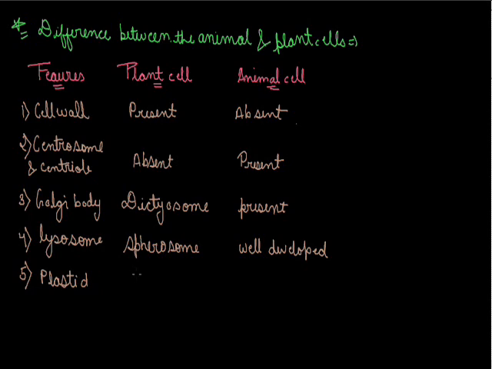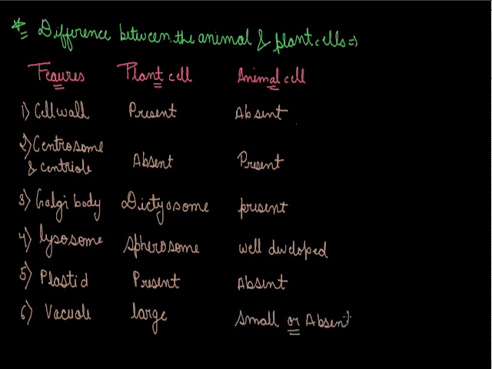Plastids are present in the plant cells while absent in the animal cells. Vacuoles are large in plants, while in animal cells they may be present, and if present, they are small in size, or absent.